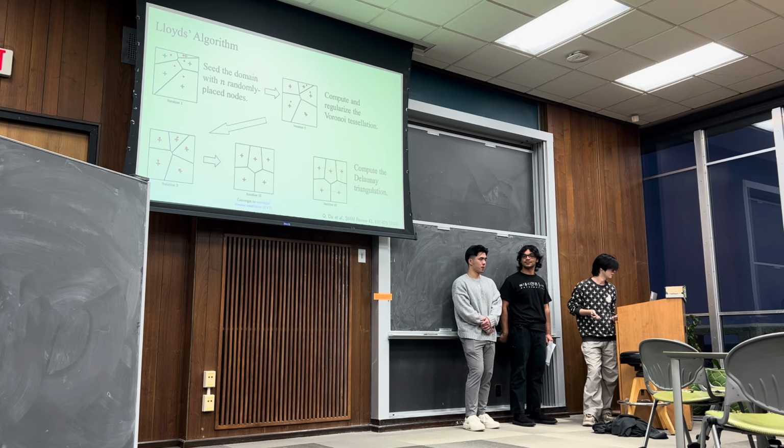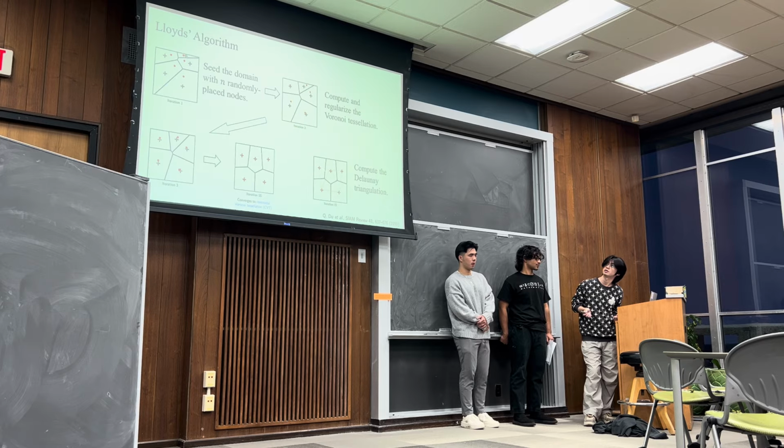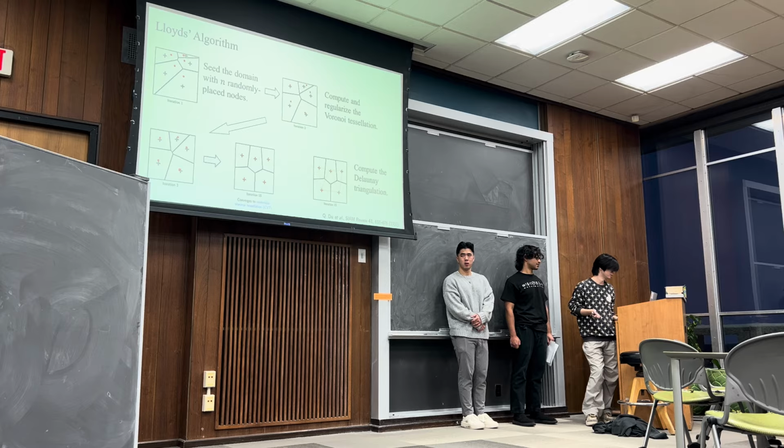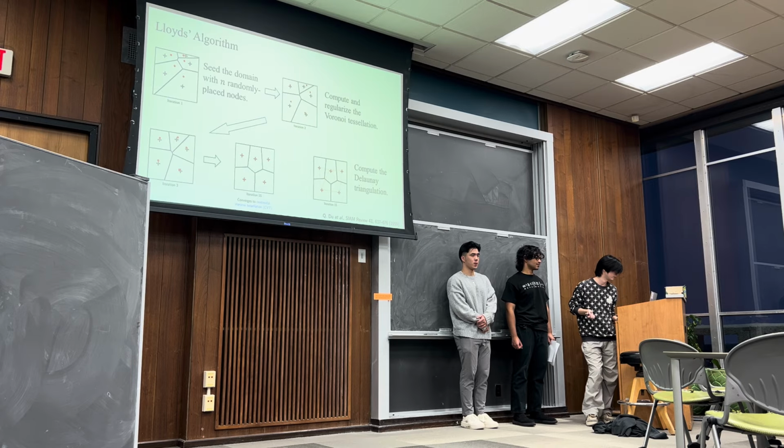We can see that from iteration 1 to iteration 2, we have more uniform nodes, just as the red nodes here. And we do more iterations, and it finally converges to a final version of our tessellation.